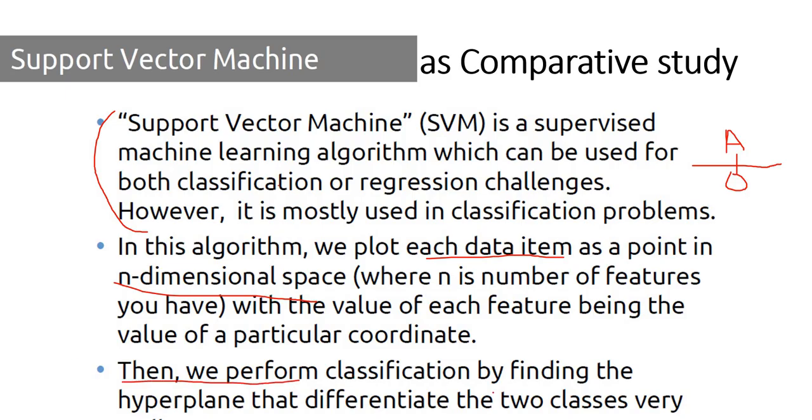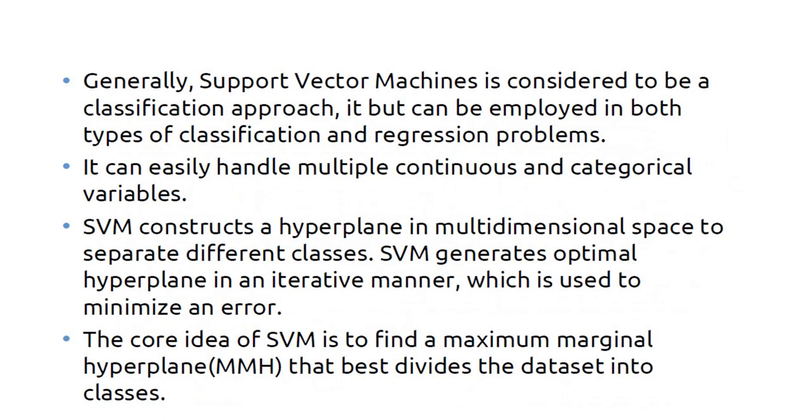So we perform classification by finding the hyperplane that differentiates the two classes very well. So we are just summarizing this slide. SVM is a machine learning algorithm that finds the best boundary to separate data into classes with maximum distance from both sides. So guys, let's move to the next one.